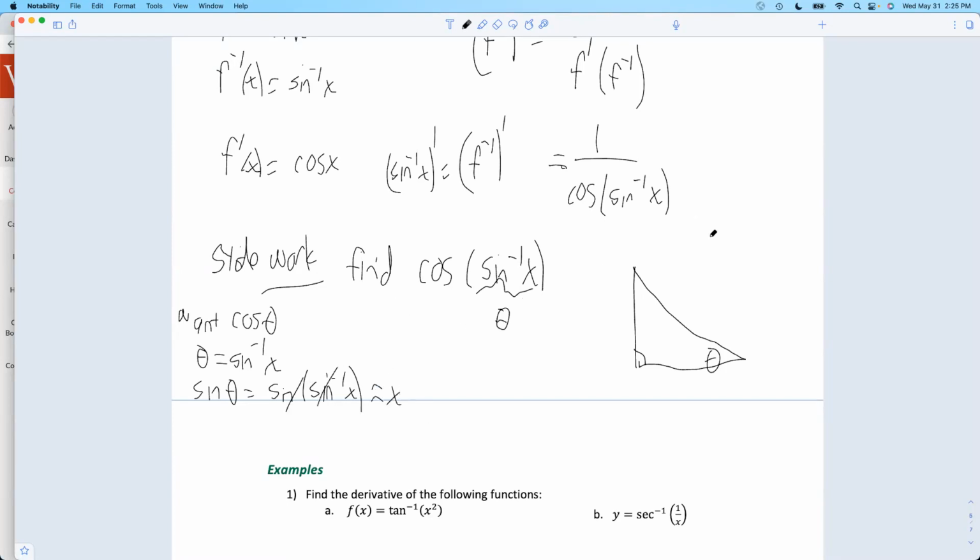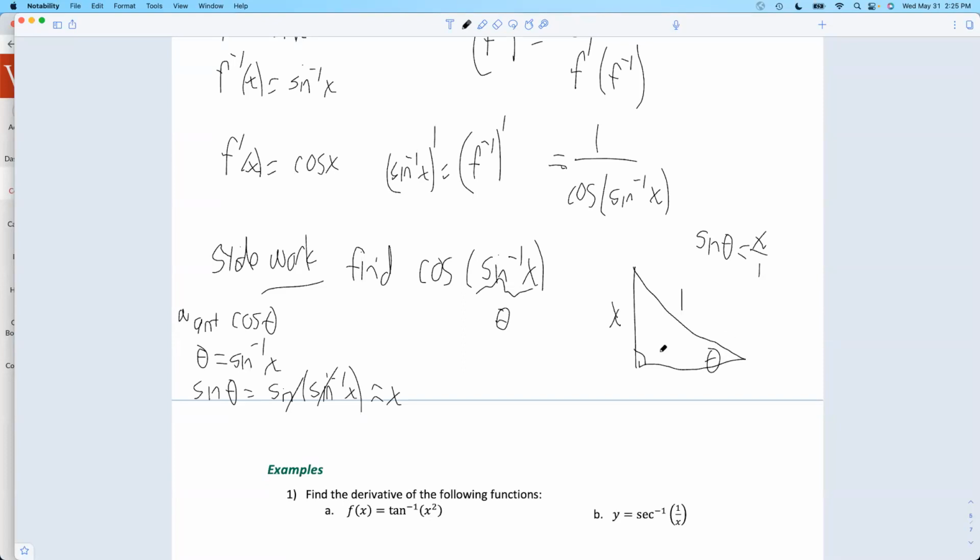So sine of theta equals x. I'm going to write that as x over 1. I know what sine is. Sine is opposite over hypotenuse. So from this angle theta, opposite over hypotenuse. Sine is x over 1.